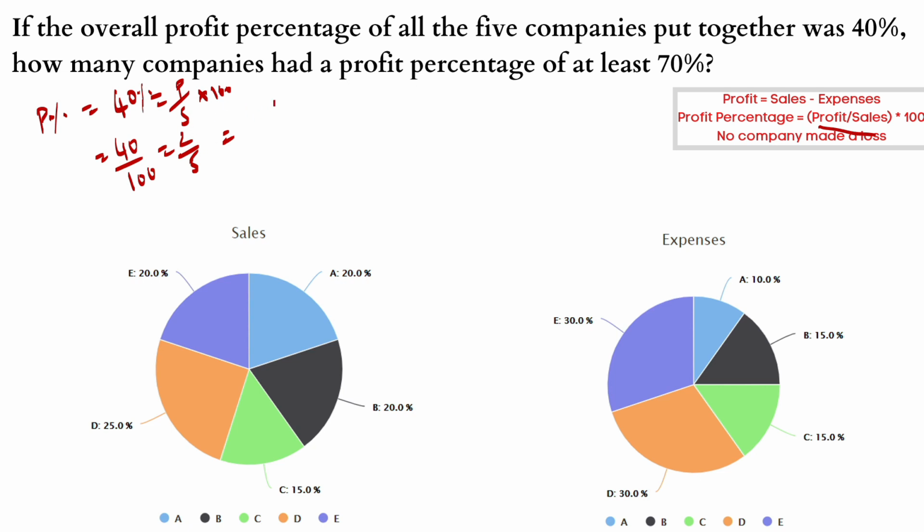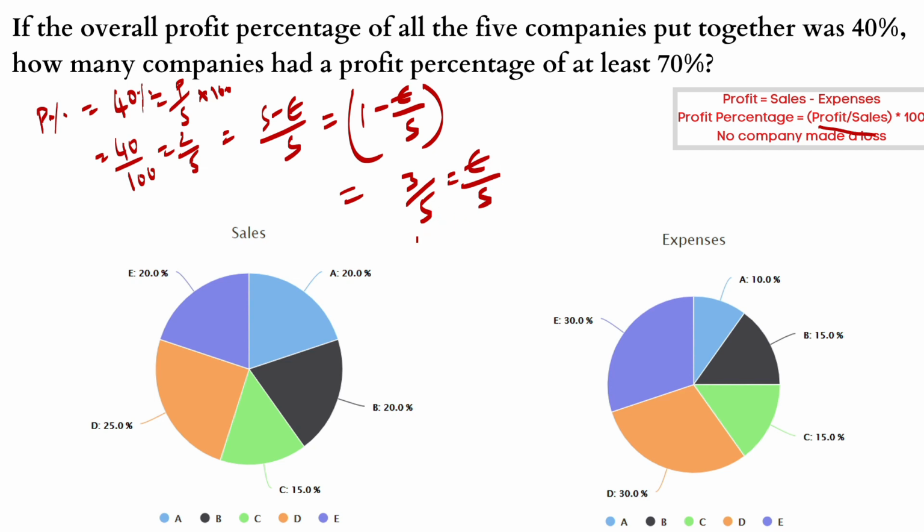So profit by sales, as we already discussed, is sales minus expenses by sales. If we take S as common, it will be 1 minus E by S. If we substitute 2 by 5 for profit by sales and take the LCM, we get the value as 3 by 5. So E by S is equal to 3 by 5. Remember this.